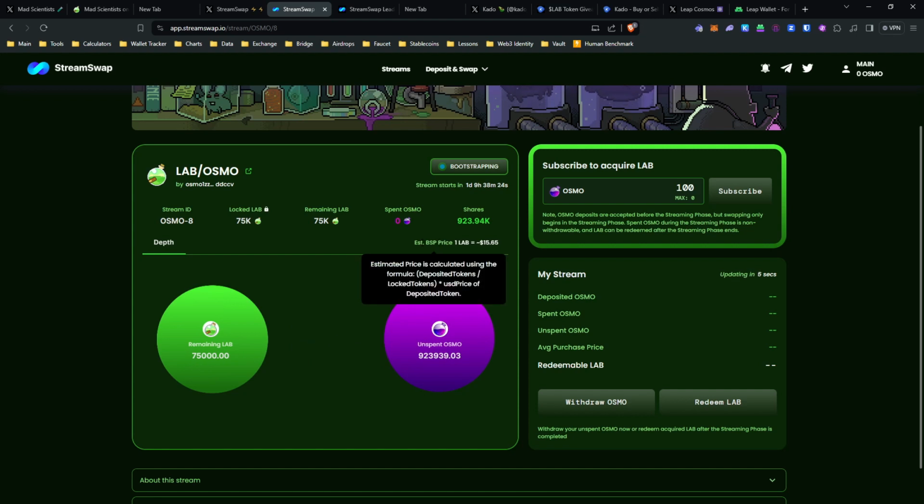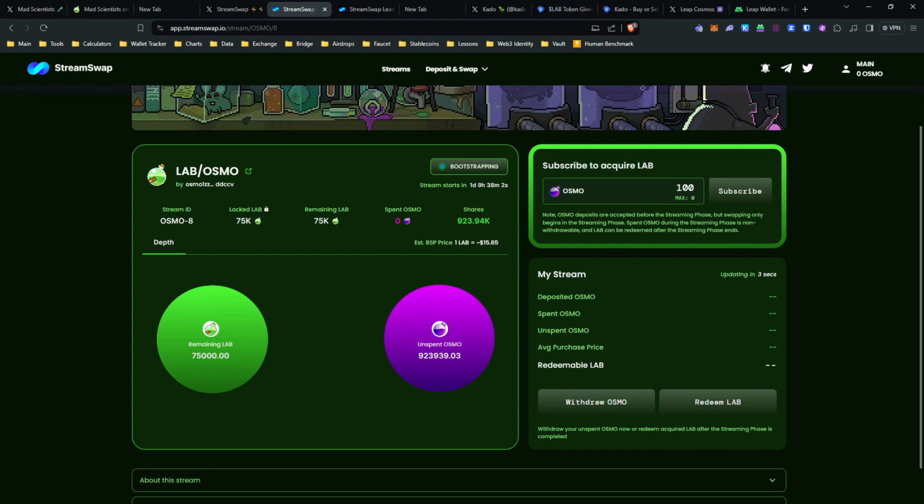So the website's pretty smart and already does this calculation for us in the case that if this was currently the stream that the pool closes with. In that case, if this amount of Osmosis was redeemed for 75,000 lab, one lab token would be worth $15.